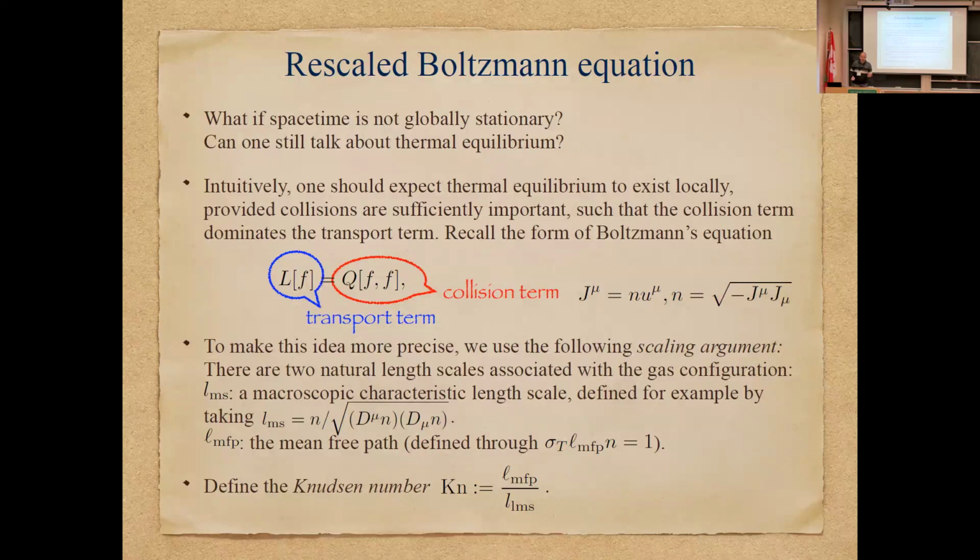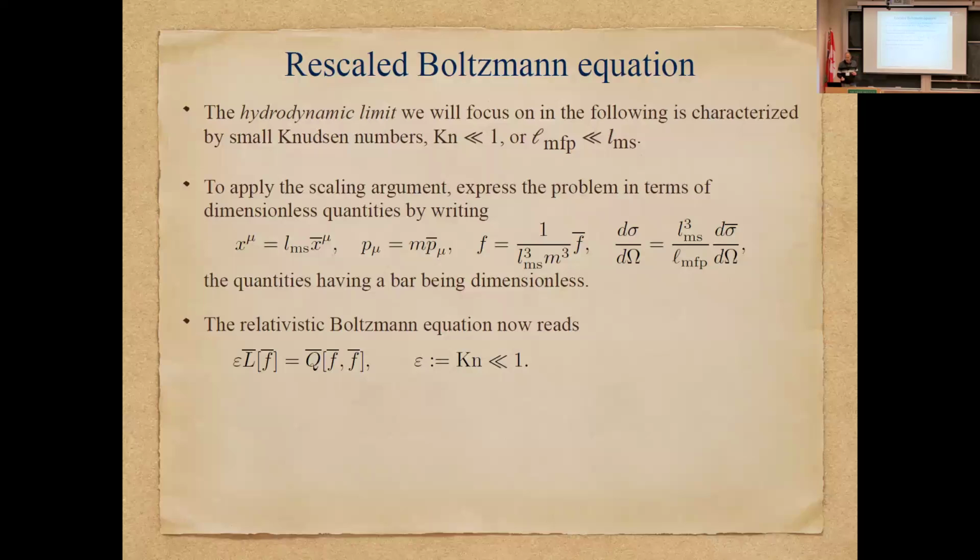The idea of the collision term dominating is reflected in the assumption that the mean free path is much shorter than the macroscopic length scale. In other words, this Knudsen number is going to be very small. This is what is called the hydrodynamic limit: the limit where the Knudsen number is very small, or in other words, the mean free path is much smaller than the macroscopic length scale.